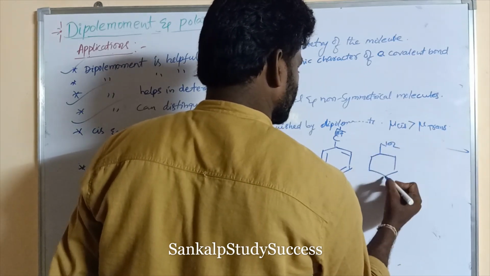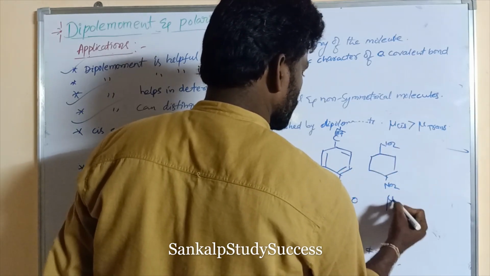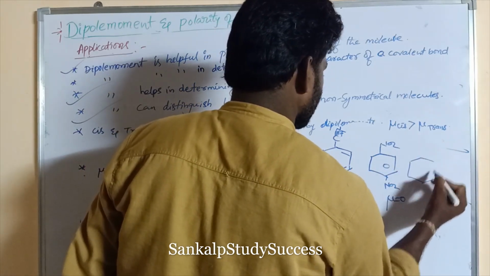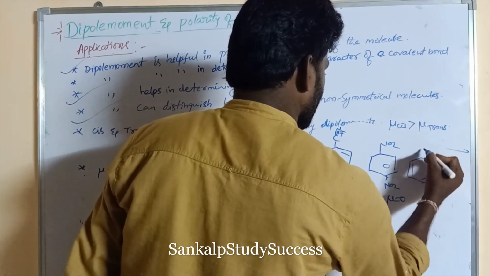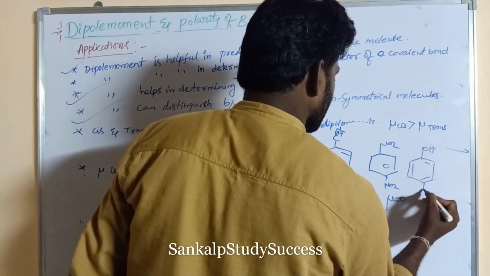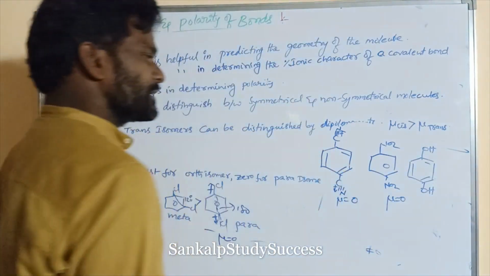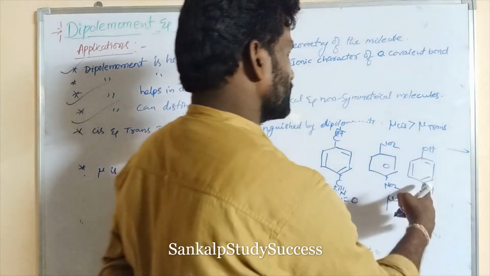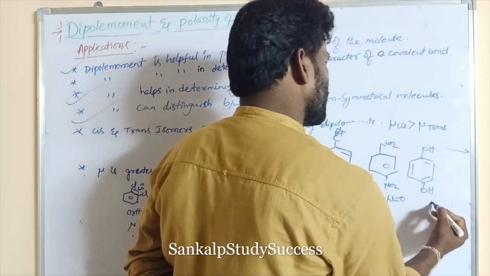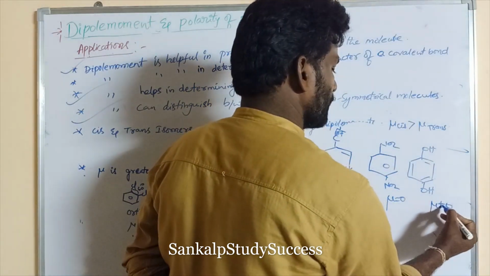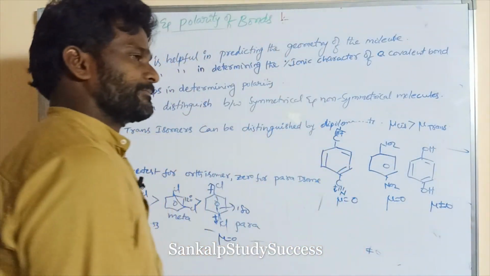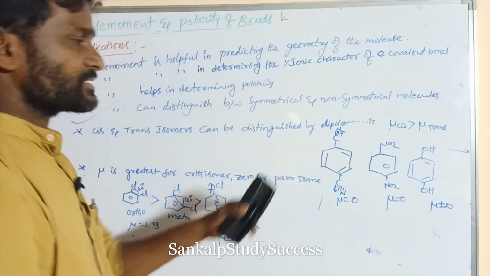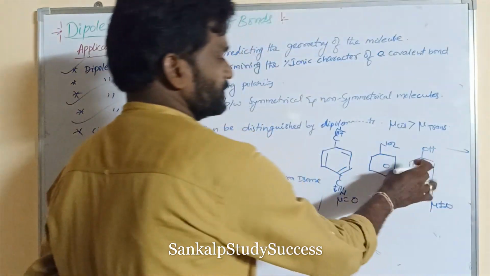Nitro is also zero dipole moment, but for OH, these two OH groups are present in the para position to each other, and the dipole moment is not equal to zero. Not all para isomers have zero dipole moment.